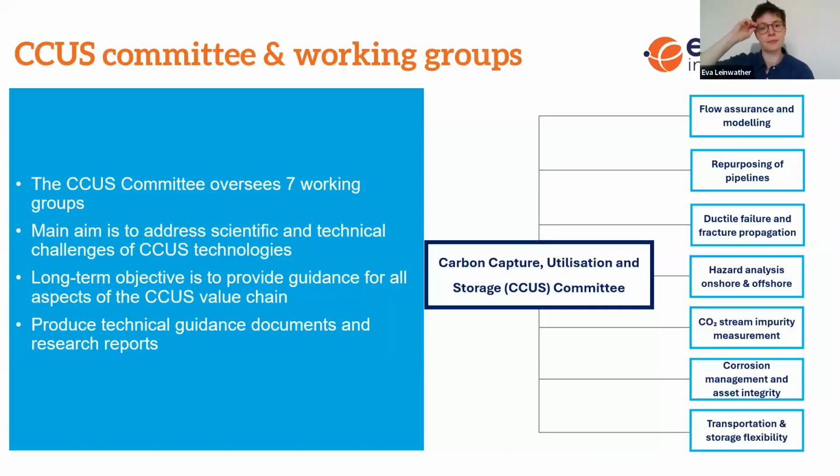As part of this broader technical and innovation work, the CCUS committee currently oversees 7 dedicated working groups who work on a total of 16 active projects. The main aim of the work program is to address the scientific and technical challenges that CCS technologies pose and thereby to assist their deployment globally.